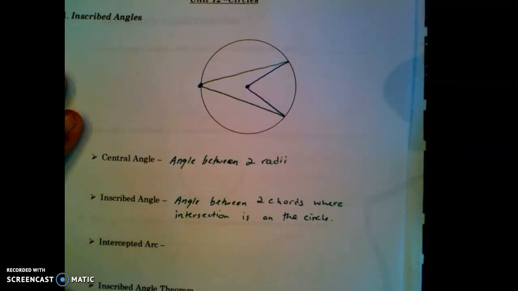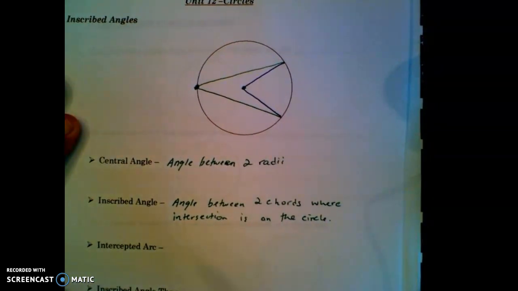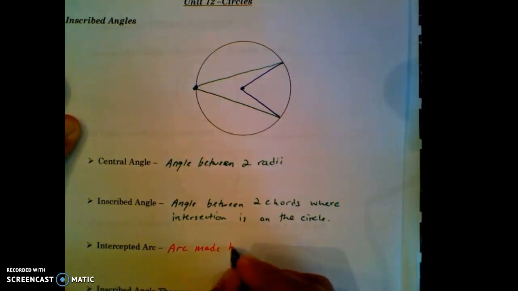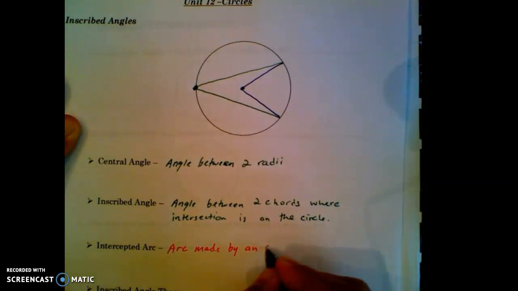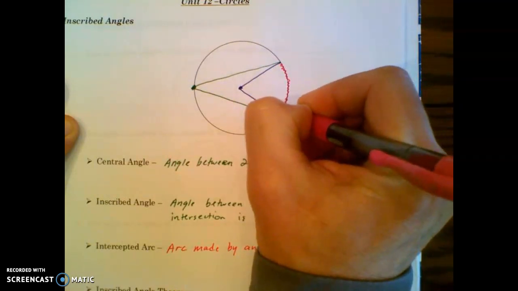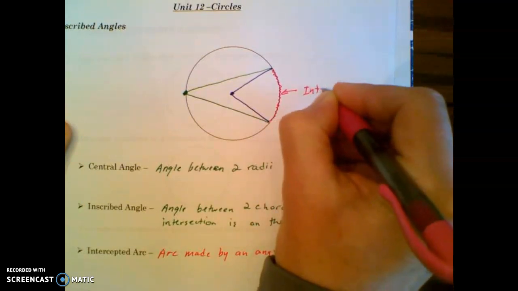So now I also talked about the intercepted arc. Remember Joey was the intercepted arc? This is the arc made by an angle. So this would be the intercepted arc right here. Not sure why they call it intercepted.